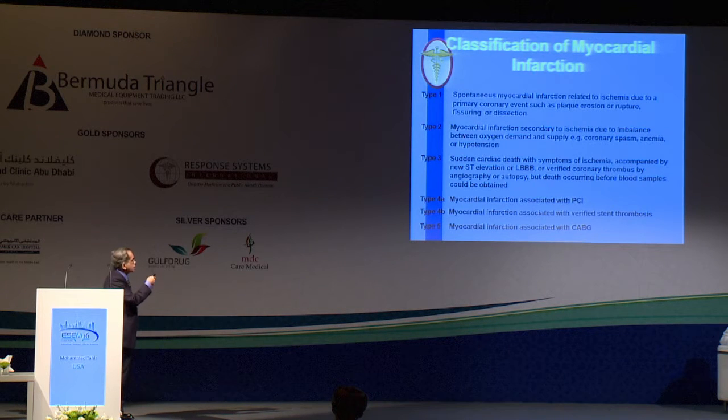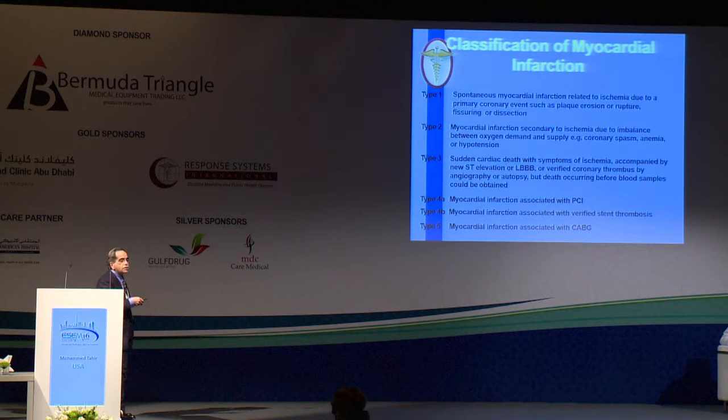So just going back again on these things, myocardial infarctions have changed a lot, and now there are quite a few of them. There's a type 1, which I just discussed with you, acute ST elevation MI. Then we have a myocardial infarction, the second one, the type 2.